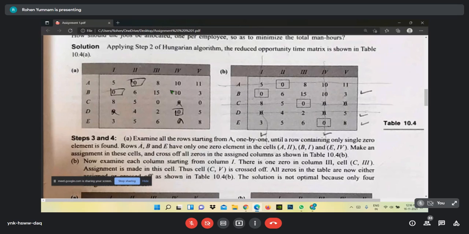And here again only a single zero is there, assignment will be made. And here there are two zeros, so we will not make assignment here.